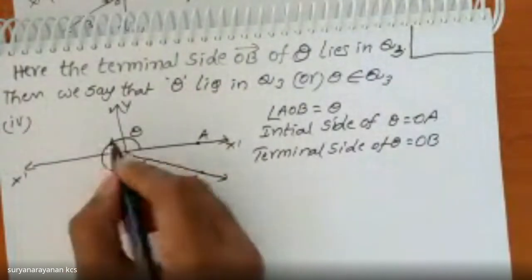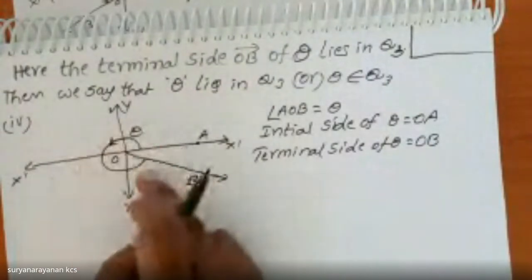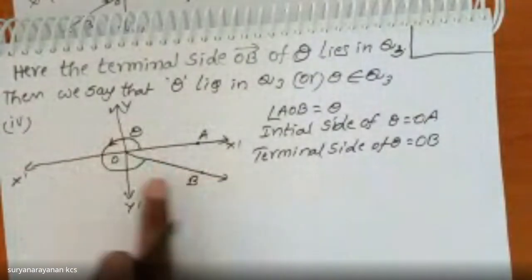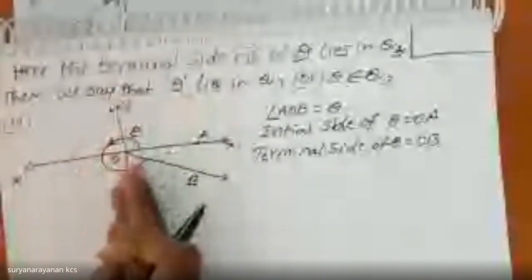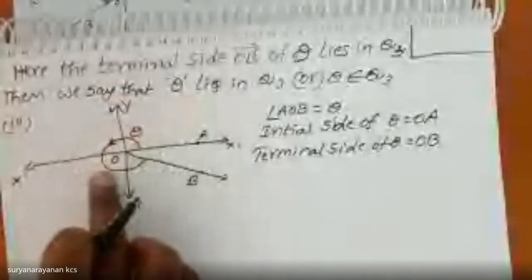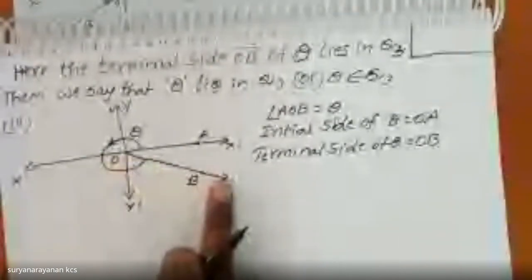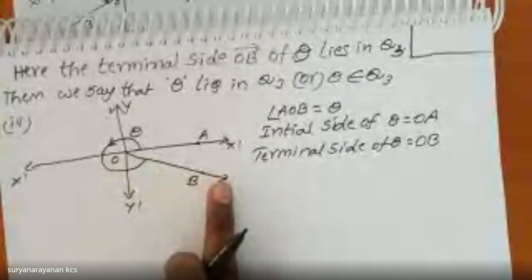After the rotation, this is the final position of the ray. Here OA is the initial position. After some amount of rotation, it stopped here. So this is the final position of the terminal side of the angle theta.